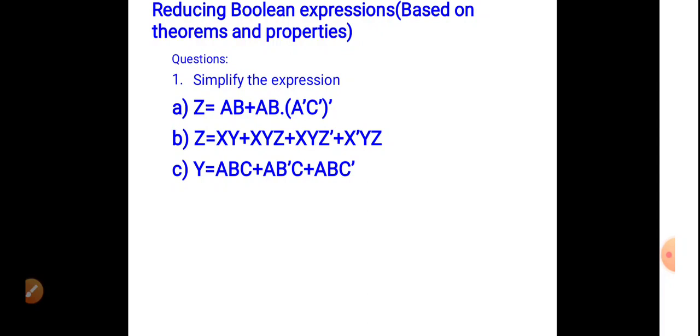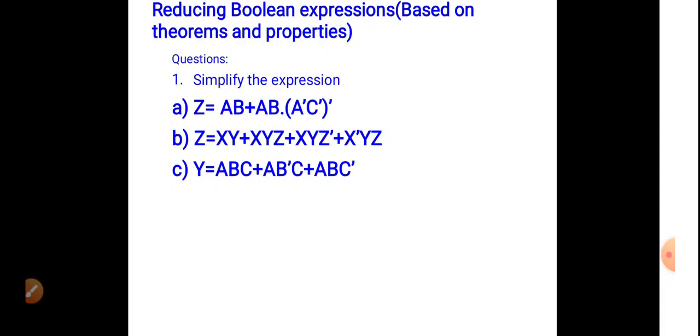Again from the first two, I can take xy as common, so the leftover is 1 plus z bar. Either 1 plus a or 1 plus a bar is 1. So I will get xy plus x bar yz. Similarly, if you take y as common, the leftover is x plus x bar z. That is, a plus a bar b is equivalent to a plus b. So I can write y into (x plus z). So this is how to reduce Boolean functions by using laws and theorems.